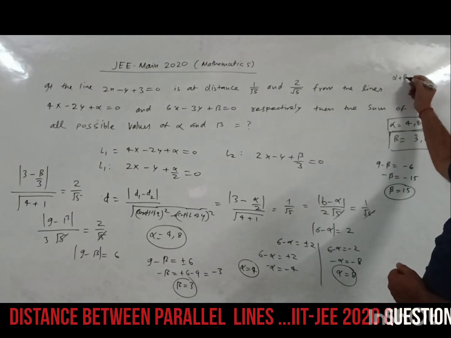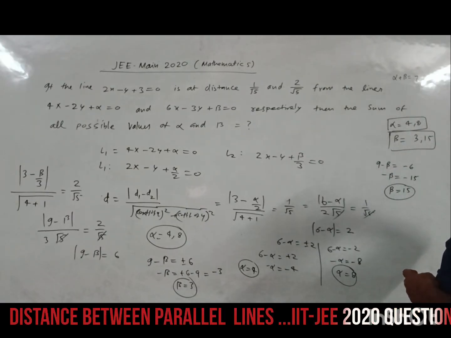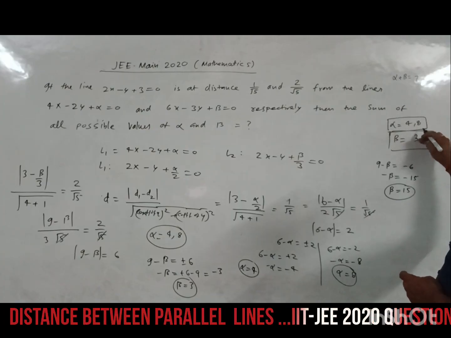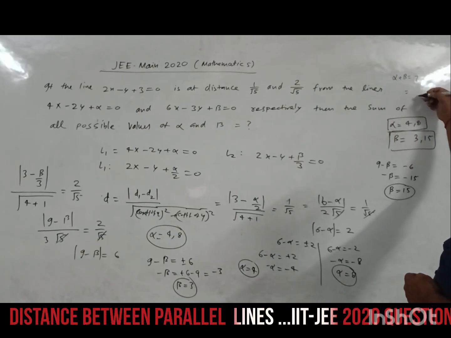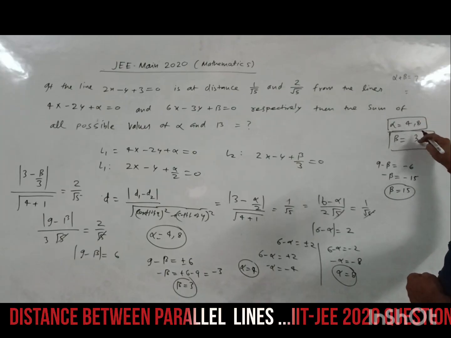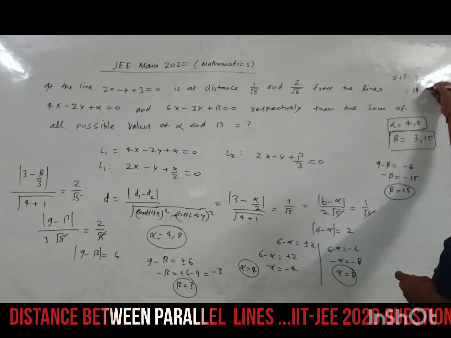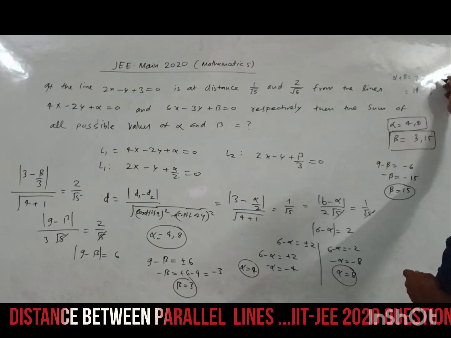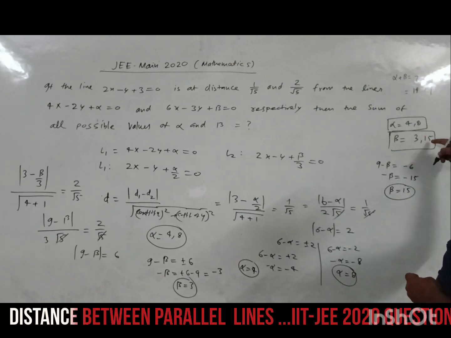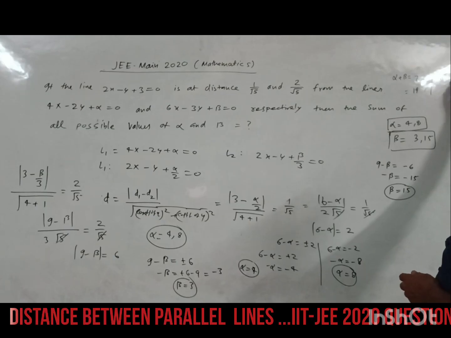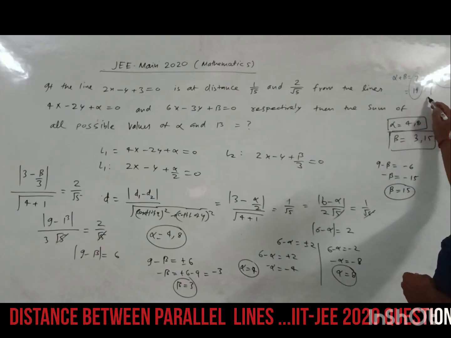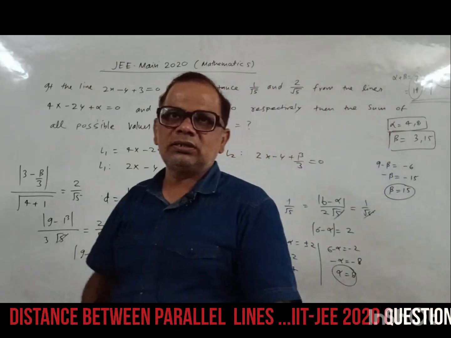So alpha plus beta: 4 plus 3 is 7, 4 plus 15 is 19, 8 plus 3 is 11, and 8 plus 15 is 23. So these are the possible values of alpha plus beta: 7, 19, 11, 23. So in this way we can do this question very well.